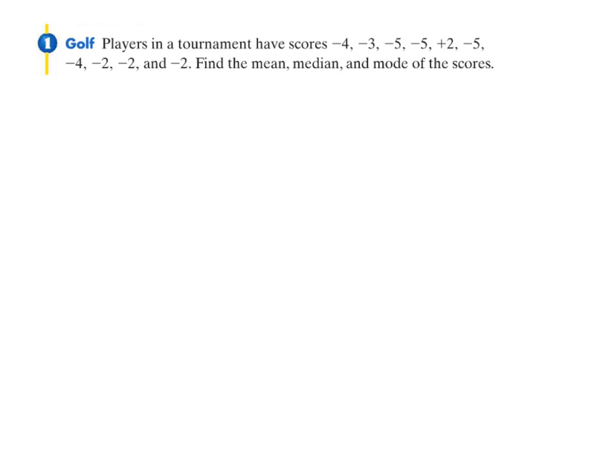Let us do this problem. Players in a tournament have scores -4, -3, -5, -5, +2, -5, -4, -2, -2 and -2. Find the mean, median and mode of the scores. Let us first find the mean.